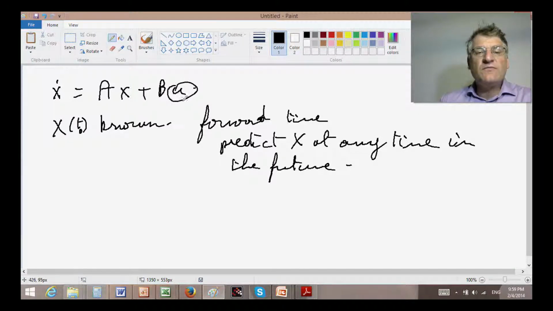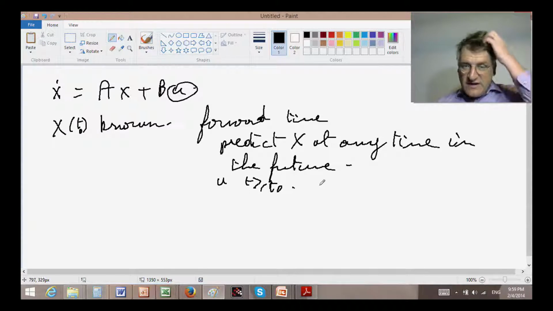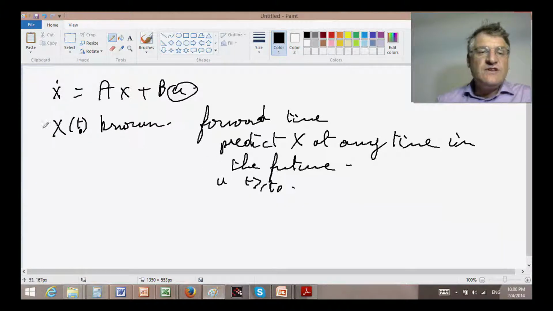Well, of course, you need to know u for t greater than or equal to t0. But except for that, do you need any more information than x at time t0 and u at times greater than t0? And the answer is no.